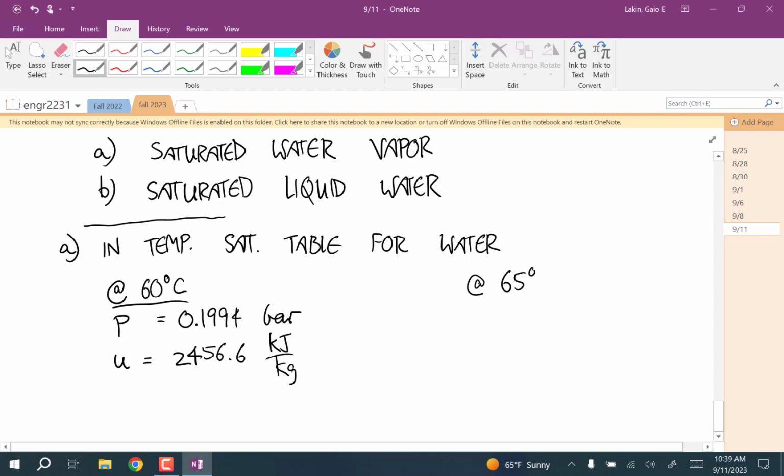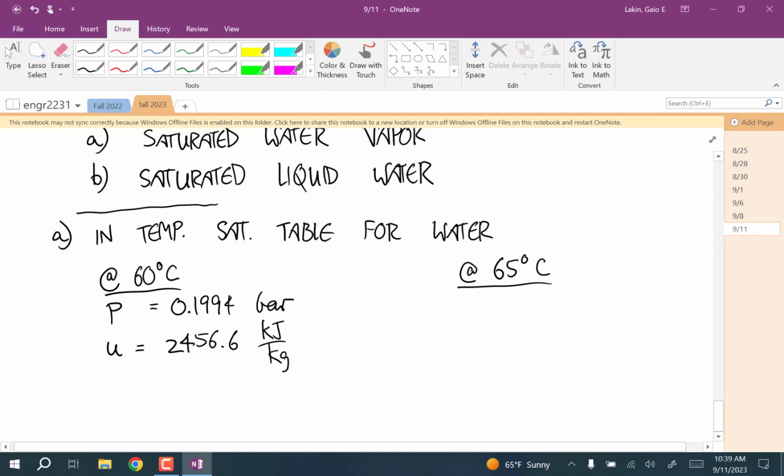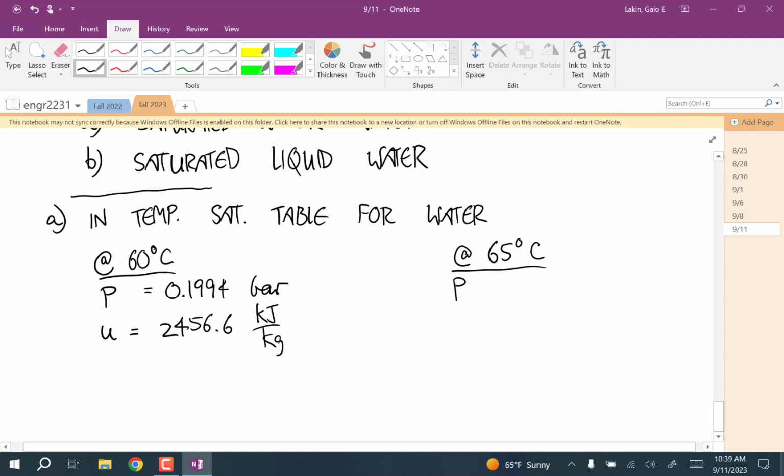And then at 65 degrees Celsius, we have a pressure of 0.2503 bar and a specific internal energy of 2463.1 kilojoules per kilogram.